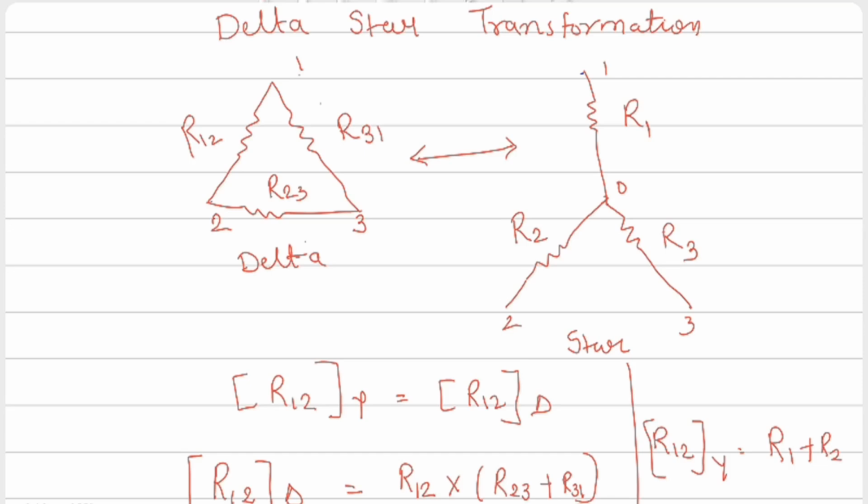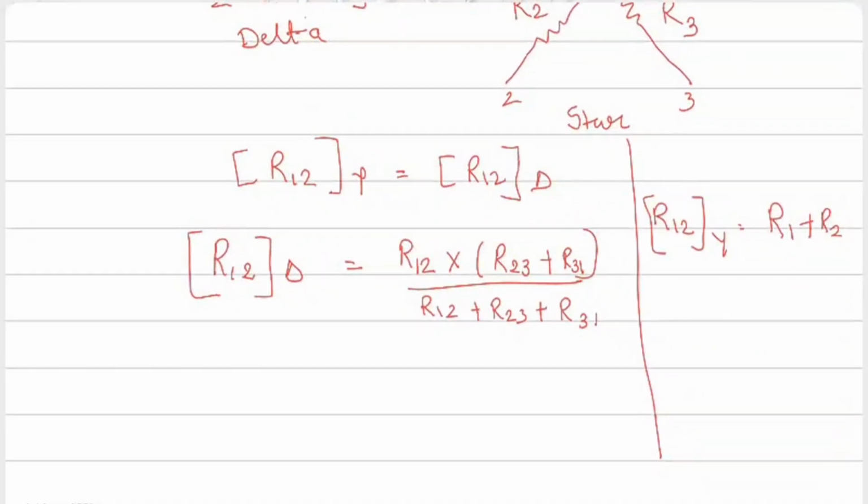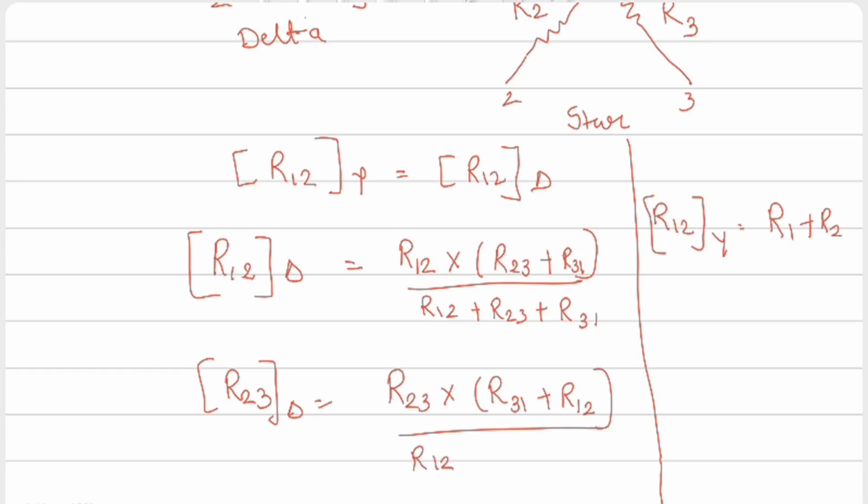Okay. Next, same way, the equation for R23 delta would be R23 into (R31 plus R12), divided by R12 plus R23 plus R31. For R23 star, it equals R2 plus R3.